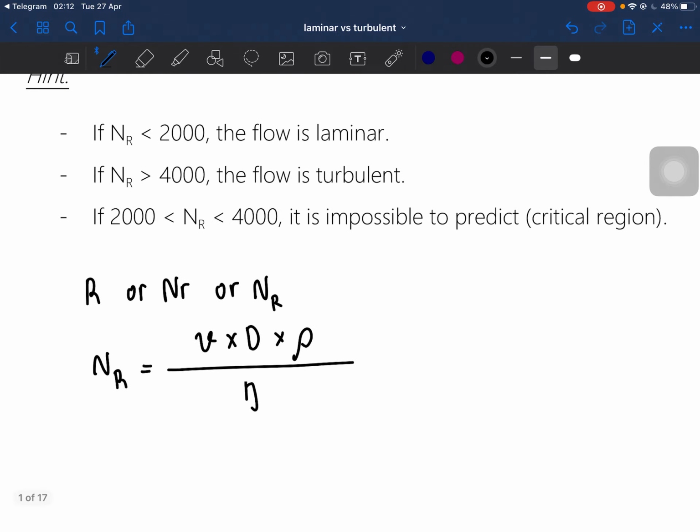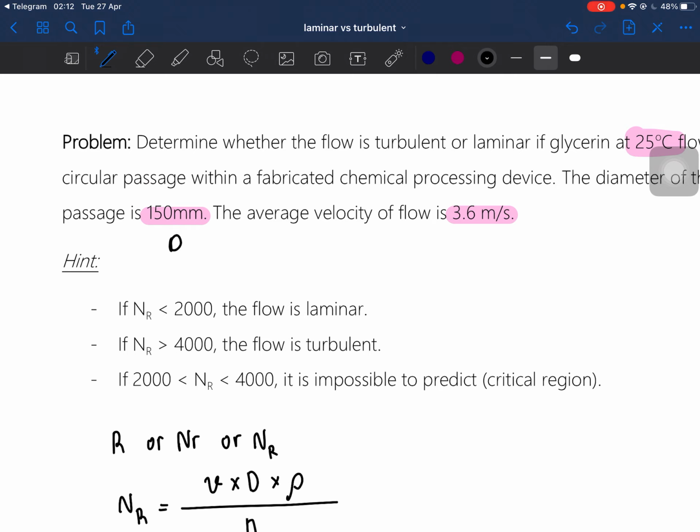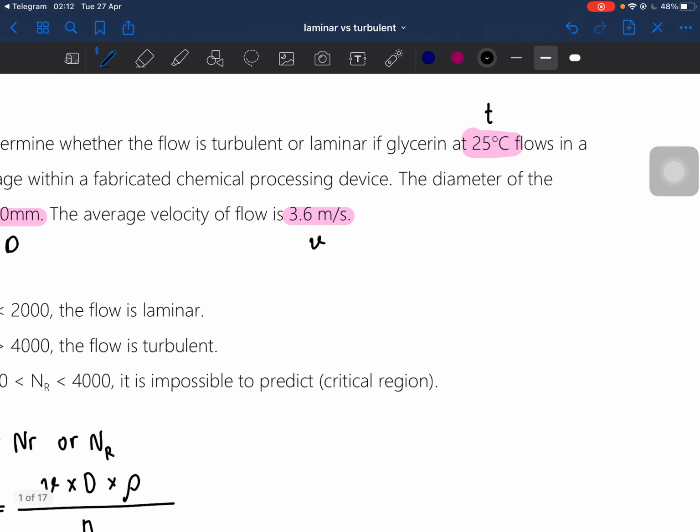There are many formulas of Reynolds number, but as you can see, the given numbers are D and velocity V. The temperature is for you to reference in another table that will be given in the exam.